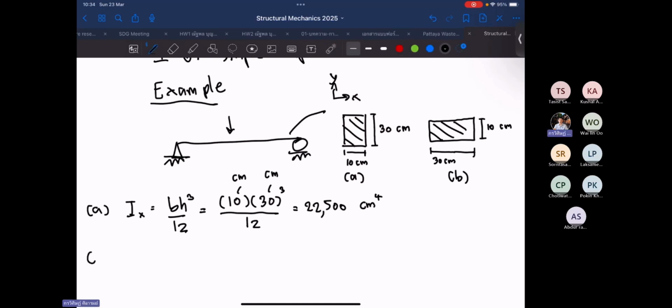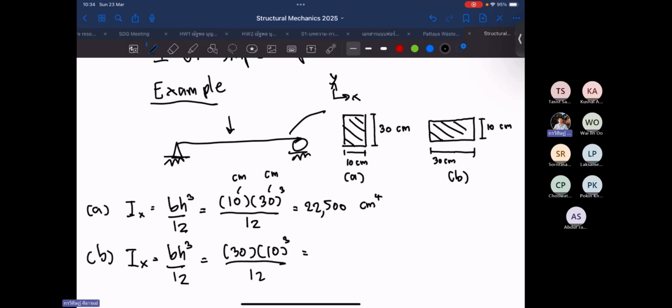Next one is beam B. So Ix equal to bh cubed divided by 12 also. In this case, b is 30 centimeter and h is 10 centimeter, cubed, divided by 12.